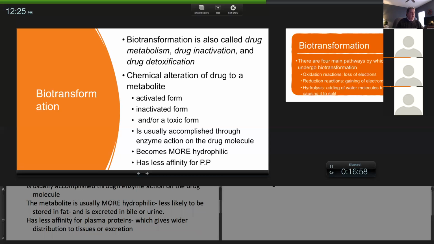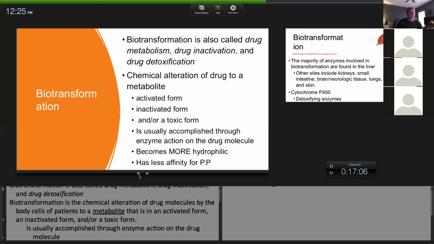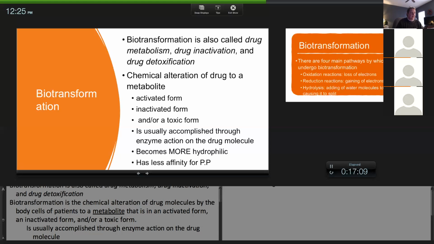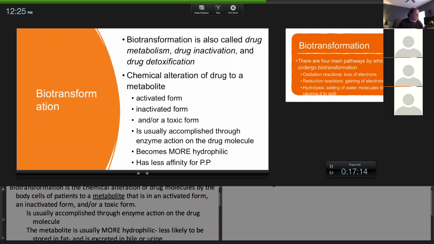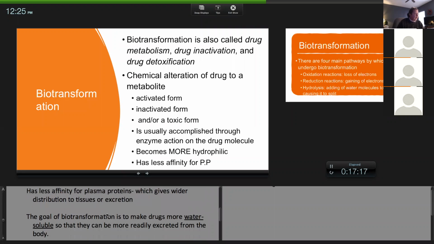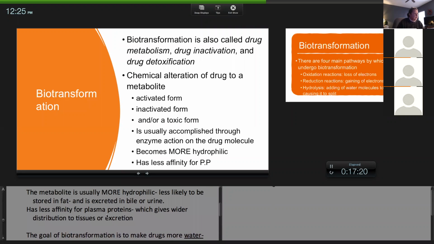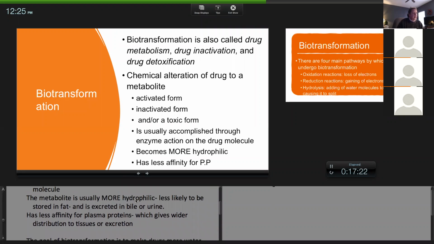So if a metabolite is more hydrophilic, if it was biotransformed from lipophilic to hydrophilic, then it doesn't have the affinity for fat. If it can't hide in the fat or be sucked up by the fat, then more than likely it's going to be sent from the bile to the intestine, or to the blood flow to the kidney to be excreted in the urine.